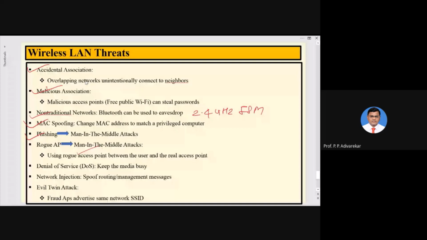It is not only the station; that is called a rogue AP. Using a rogue access point between the user and the actual access point, the communication can be hijacked. This is prevented by WPA.